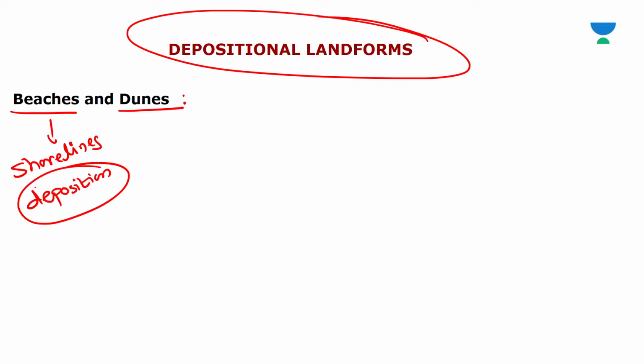So most of the sediment making up the beaches comes from land, which is carried by streams and rivers, or from wave erosion.